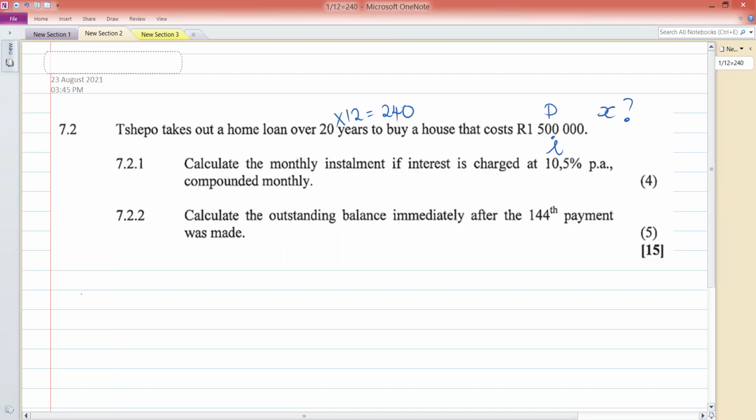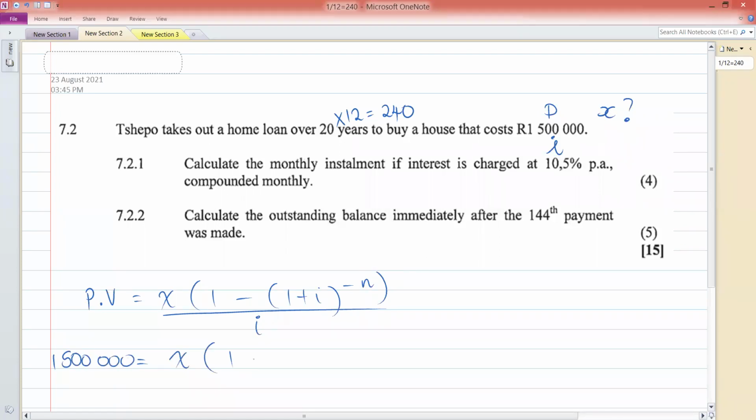All right, so let's plug it into our formula. Again, still the same formula, X times 1 minus 1 plus I raised to the power of negative n, close brackets, divide everything by I. Okay, 1.5 million here. X is what we're looking for. Where I see I, I usually just write it as 0.105, then I divide by 12, it's compounded monthly, raised to the power of negative 240, like that, okay?